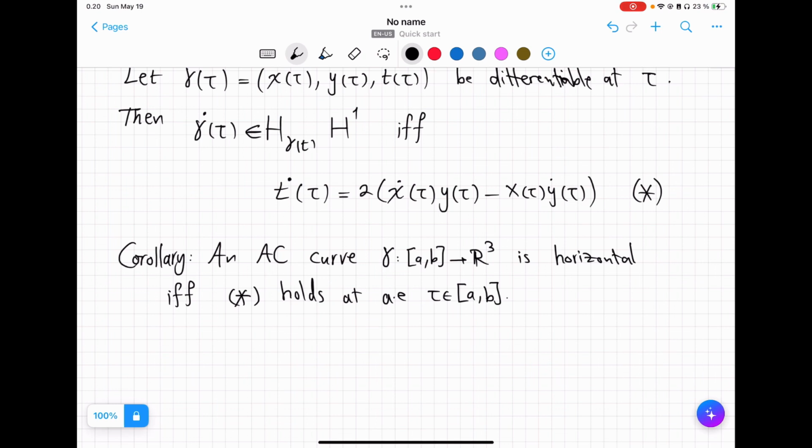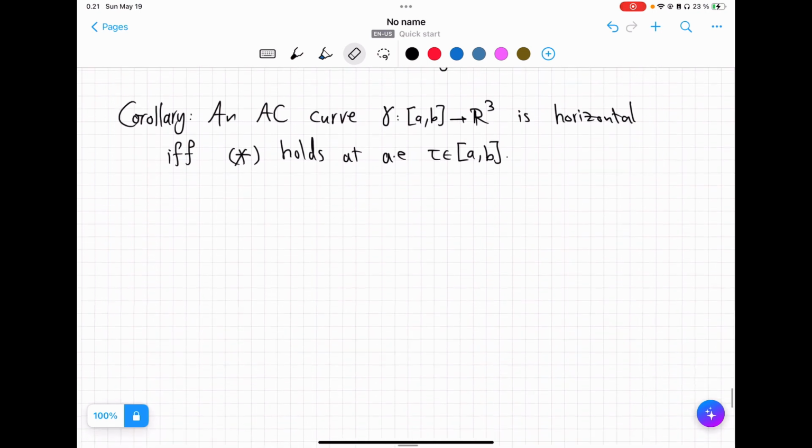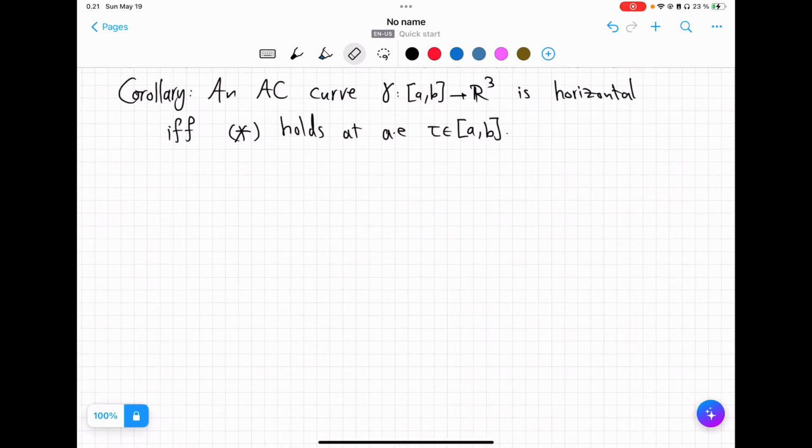Because by definition, being a horizontal curve means it is AC plus the horizontality condition holds, which we just saw is equivalent to star. And it is required to hold almost everywhere, not at every single point.